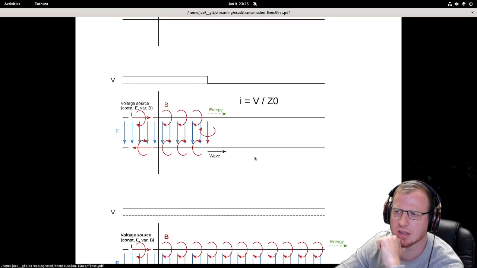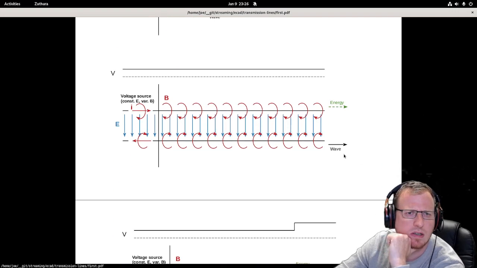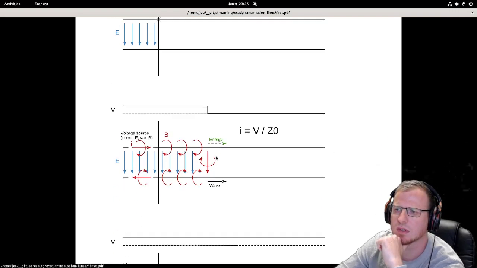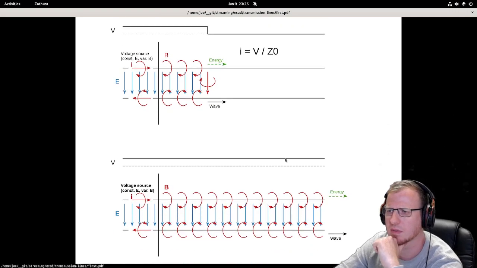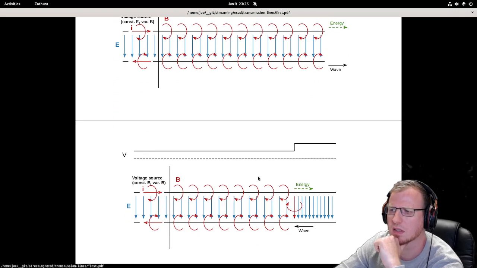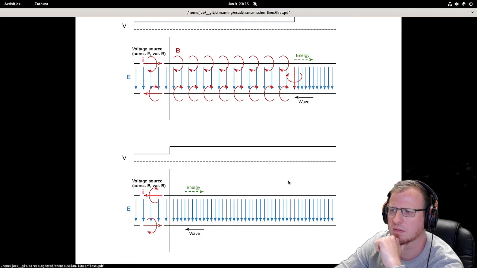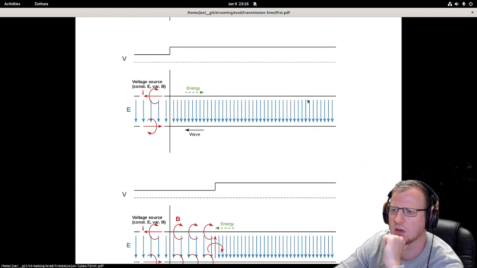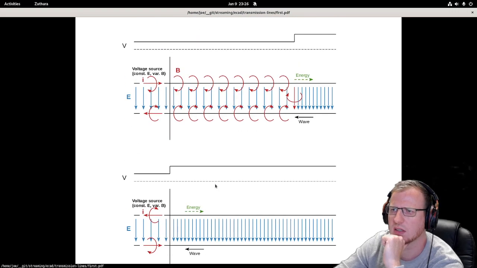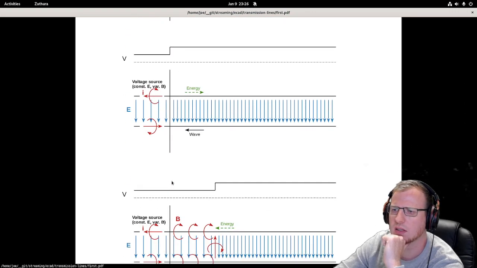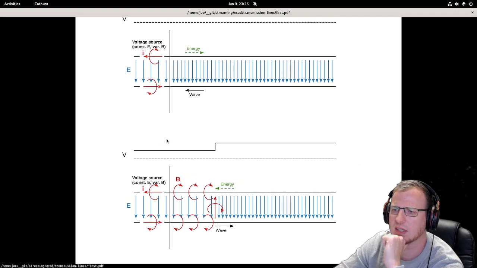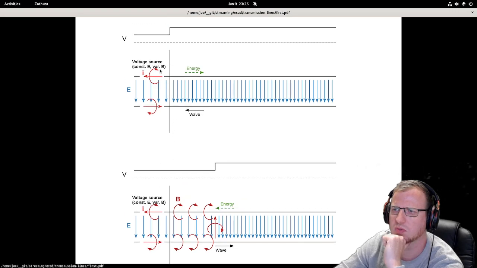This is the use of it. Okay, energy going in, wave going in, energy going in, still energy still going in, wave going back, still here the same, overloaded, voltage source decides to remove the energy again.